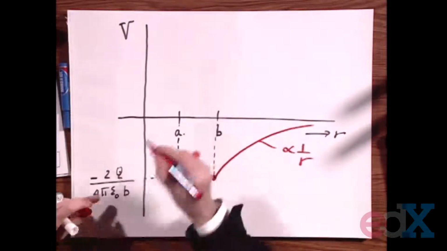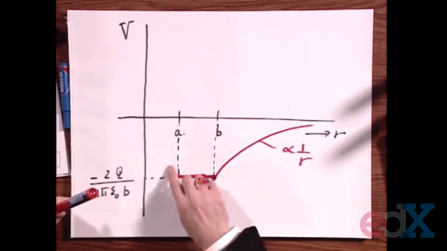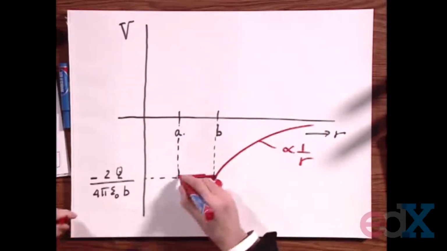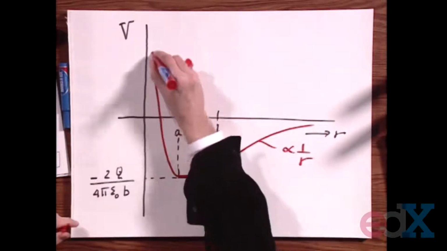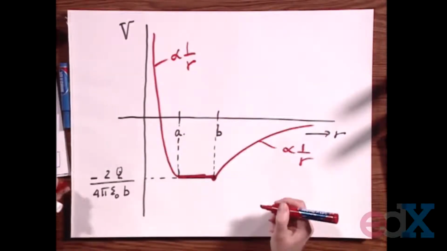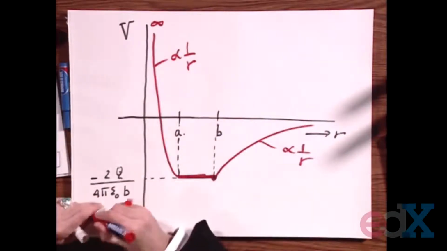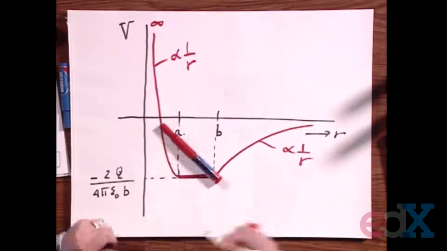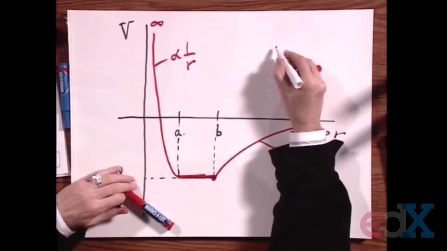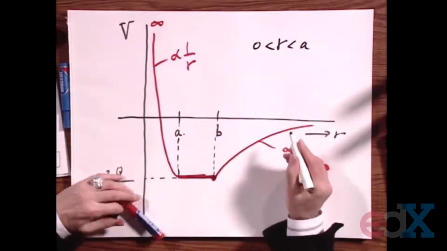And now you go inside the sphere, and that's the part where I think I want you to show that. Now the potential will increase again. And I'll bet you anything that it will also increase as 1 over r, and it will go to infinity at r equals 0. So I want you, with a Gaussian surface, to calculate what the potential is for r less than a and r larger than 0.